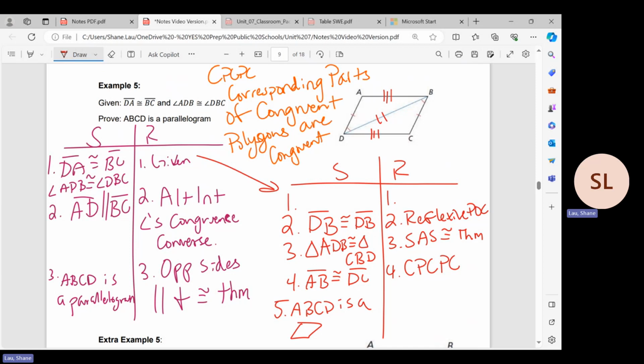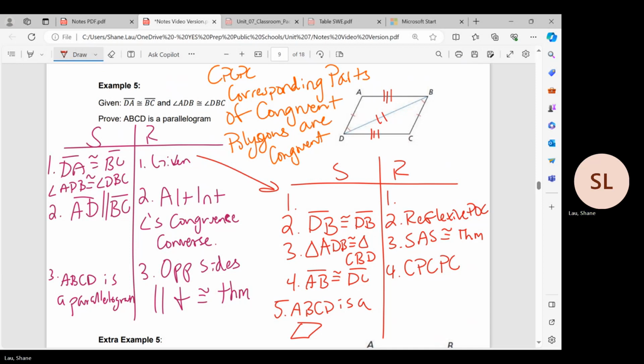That's fine. I don't recommend it as much just because people can get confused. What if you drew a square instead and you're trying to say that this is a parallelogram? Are you talking about a square or do you mean a parallelogram? They're not necessarily different shapes, but a square is a parallelogram, but a parallelogram is not a square. So just make sure you're very clear about it.